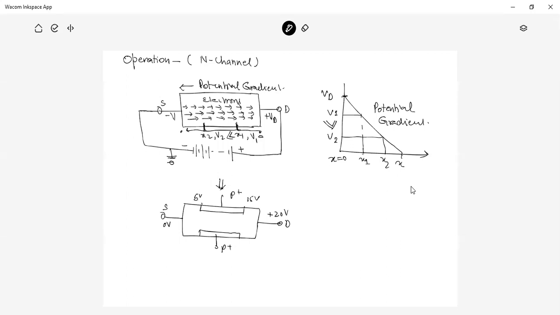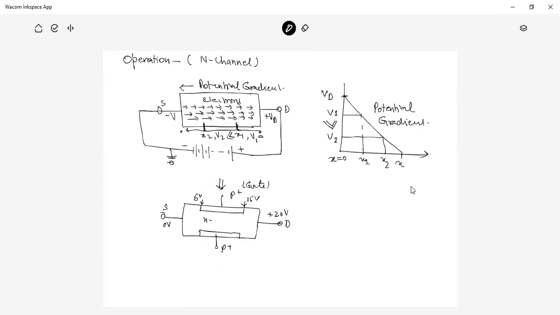At this gate point, the potential is different. So this n-type channel has the positive point. So electrons are coming here.